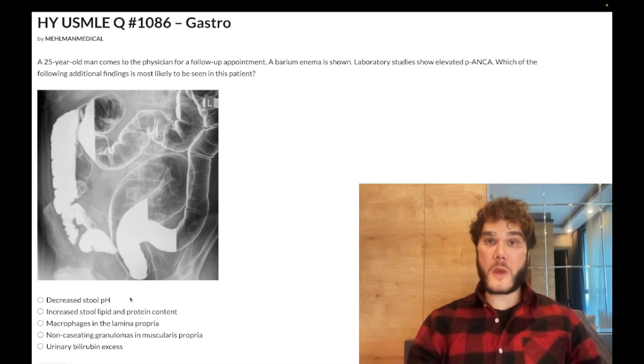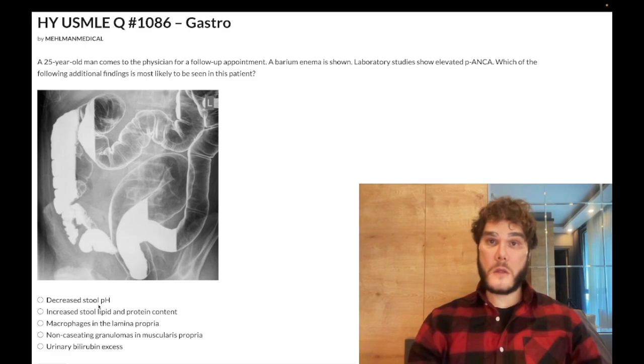Choice A, decreased stool pH, wrong answer. Now, I just want to point out, some of you might get hyper pedantic and try to rationalize choice A and choice B, both wrong answers. You say, well, technically, what you have to do is look at the answer choices and arrive at a best answer. Decreased stool pH in this context for USMLE questions refers to lactose intolerance, lactase deficiency.